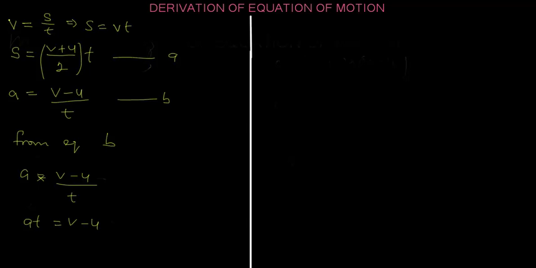If we take u to the other side, it becomes positive. So we have u plus at is equal to v. Then we say v is equal to u plus at. That is our first equation of motion.